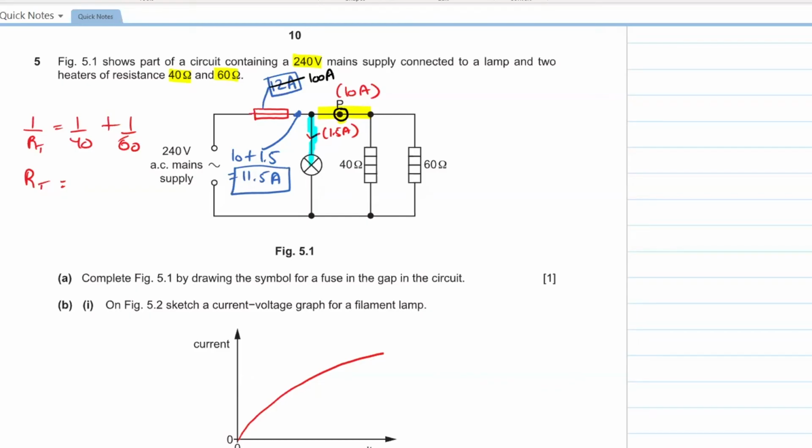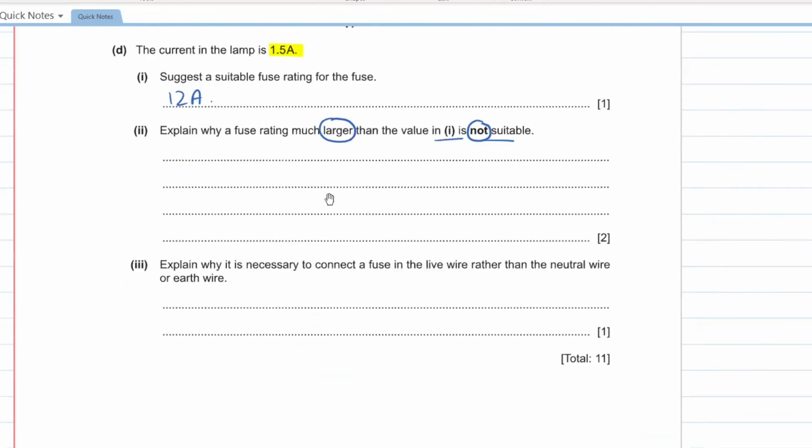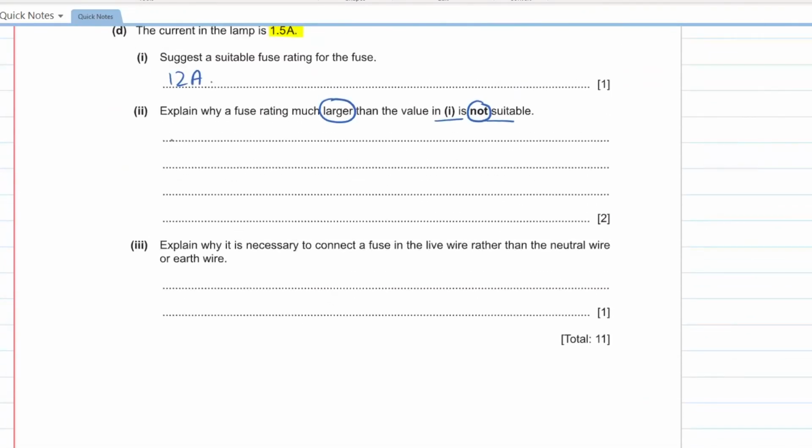So you can simply write this here. If the fuse rating is larger, take a second. Yes, you can say that.